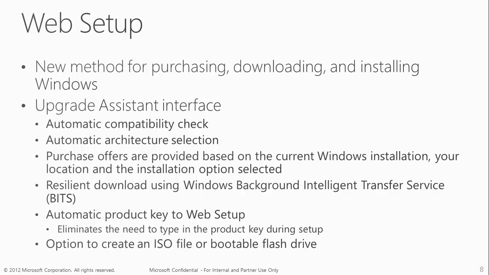The download is actually done using the Windows Background Intelligent Transfer Service, or BITS. This helps ensure a resilient download that can be paused and resumed. BITS is used by quite a few different features within Windows. Windows Update uses it to download updates from the Windows Update service.